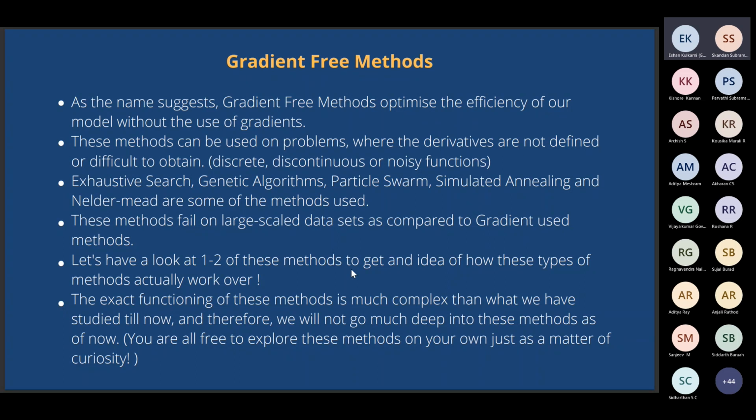These methods cannot be applied on large-scale data sets, where you have a large number of data points, and in most cases we have a very huge number of data points. So as I marked out, the gradient-involving methods are more common. But we'll still look at one or two of these gradient-free methods and get an idea of how they work.